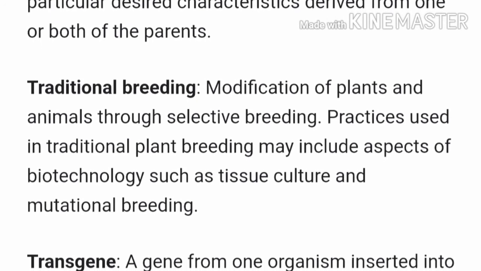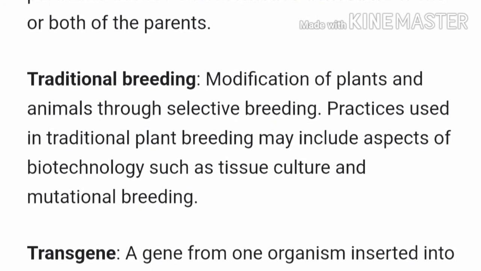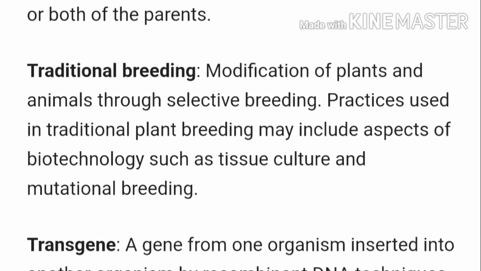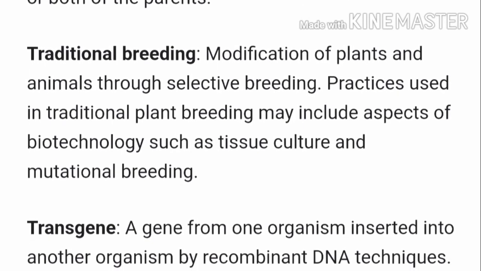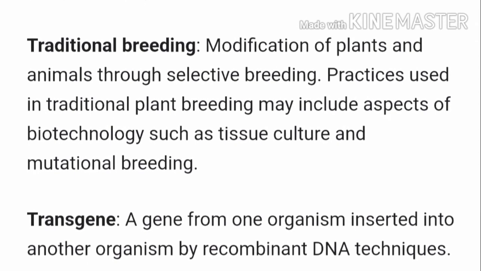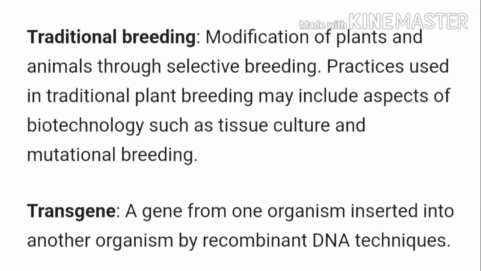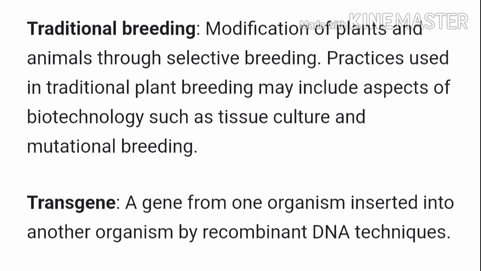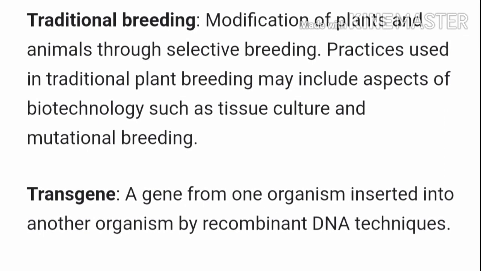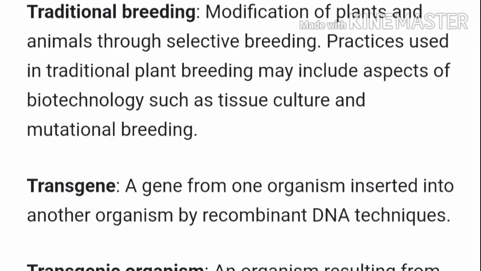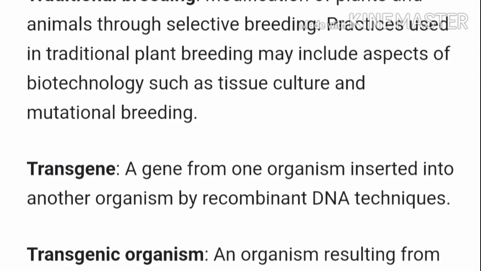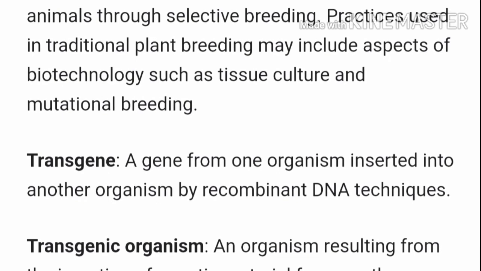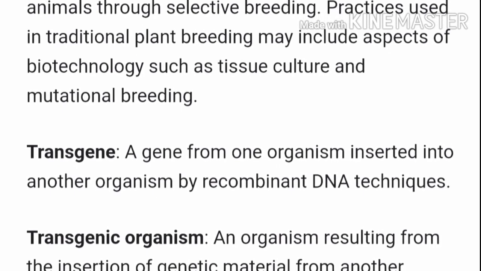Practices used in traditional plant breeding may include aspects of biotechnology such as tissue culture and mutational breeding. Now next, transgenes, a gene from one organism inserted into another organism by recombinant DNA technique.